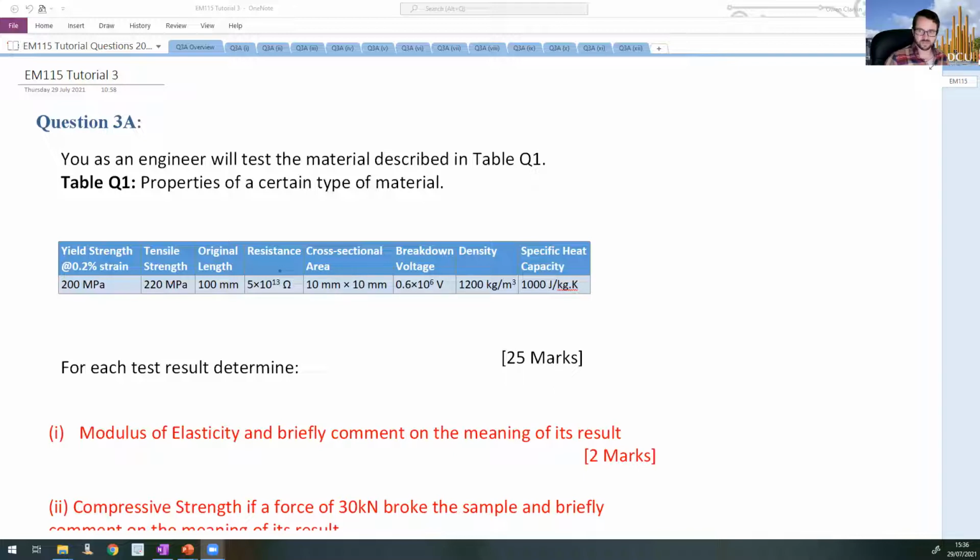We're given a resistance of that test piece, a breakdown voltage of that test piece, the density of the material, and the specific heat capacity of the material. So then we're asked in the question for the modulus of elasticity and briefly describe the meaning.